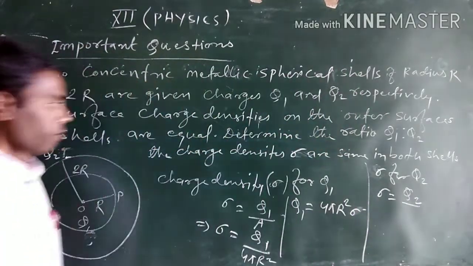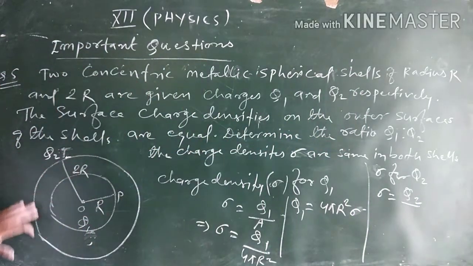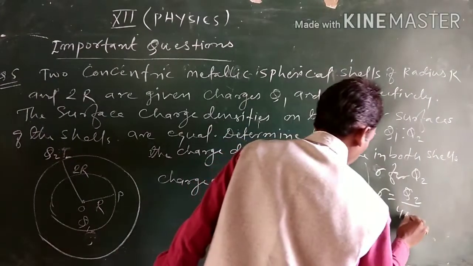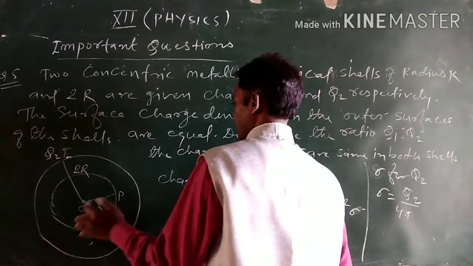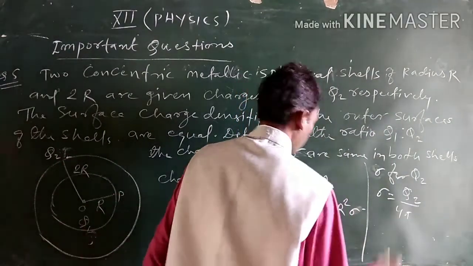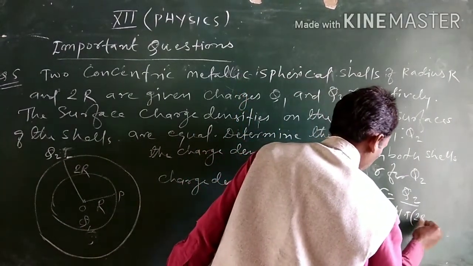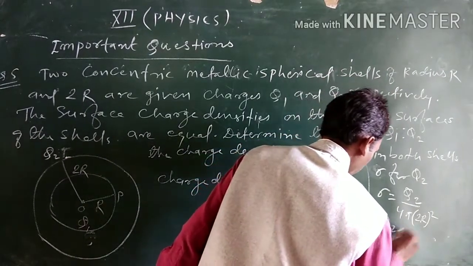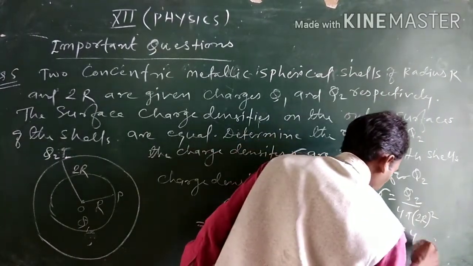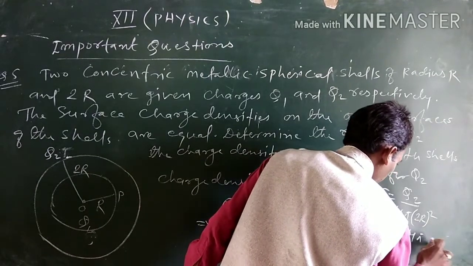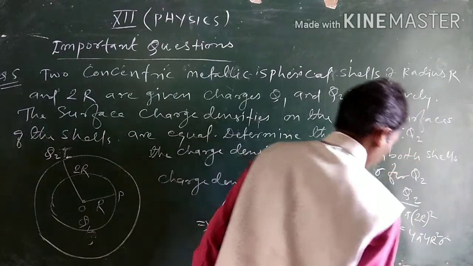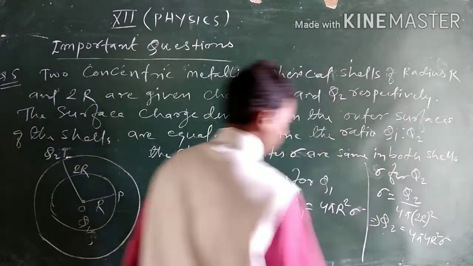For this one, we have to take this shell: 4 pi, the radius is 2r, so 2r whole square. From this, Q2 is equal to 4 pi into 4 r square into density.